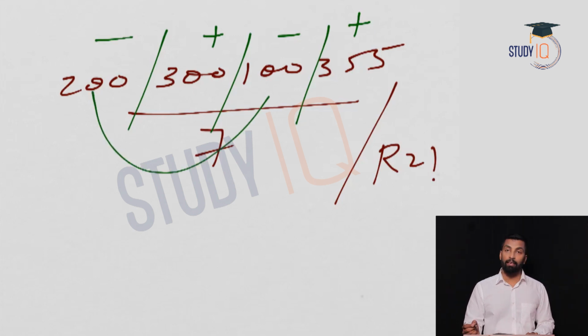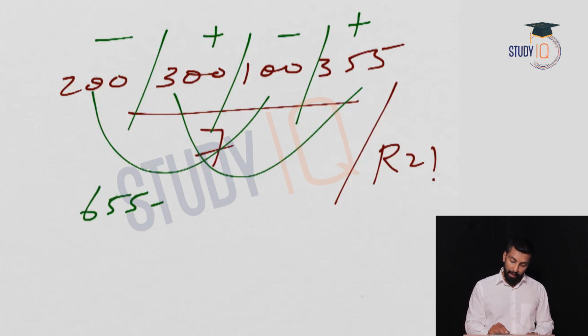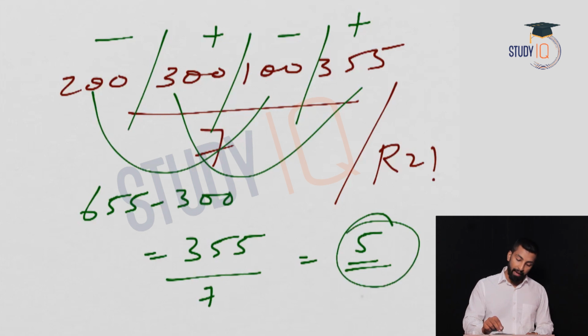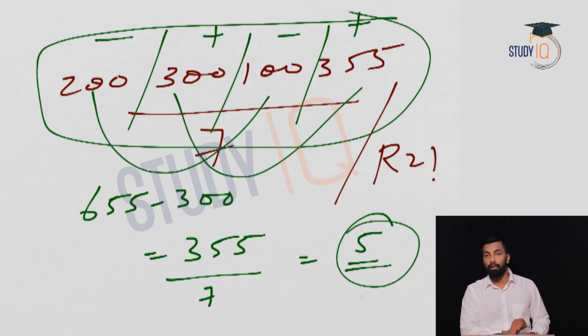Bring together the groups with the same signs, so you get 655 minus 300, which is 355. You divide the 3-digit number by 7 and see the remainder, that is 5. And 5 will be the remainder if you divide the bigger number with 7.